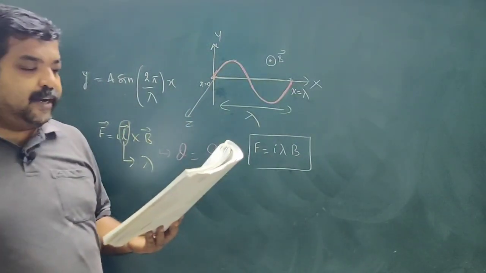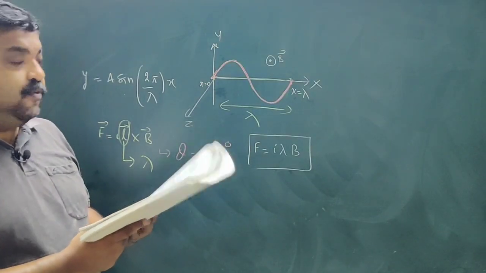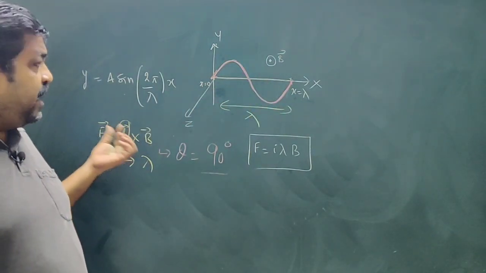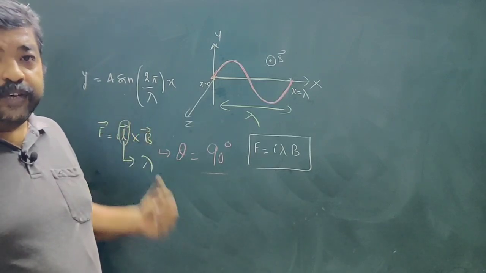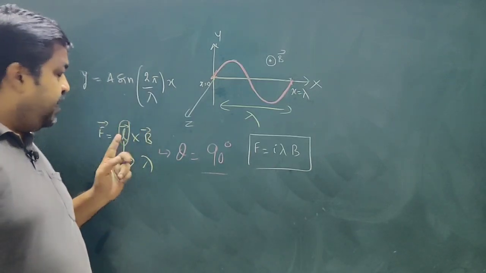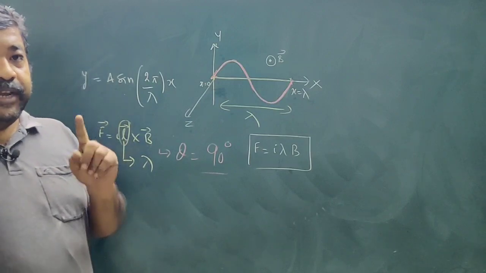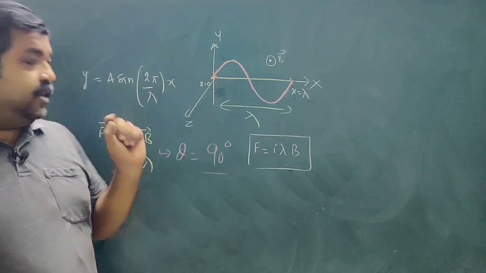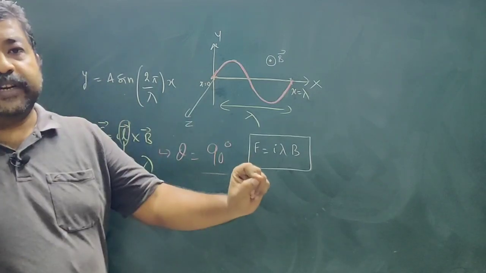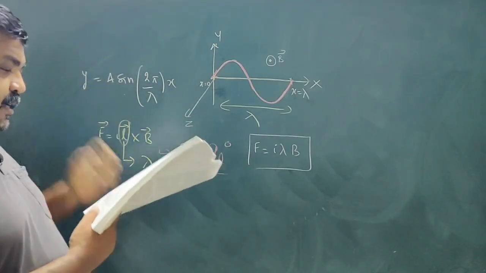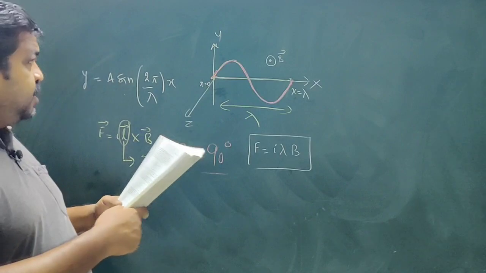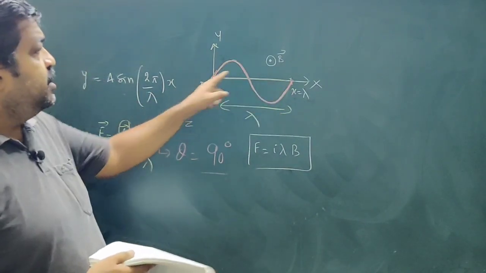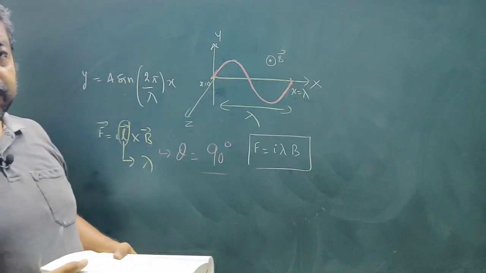So that is what is asked: find the magnitude of the magnetic force on the portion of the wire between x equal to 0 and x equal to lambda. This concept of L is important. Regarding L, two things are important. First, the direction of L is the direction of flow of current. The other is that L is the shortest distance between the initial and the final position.